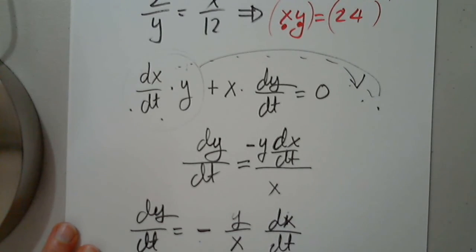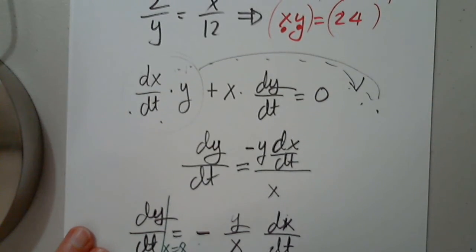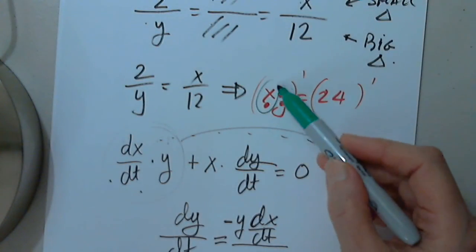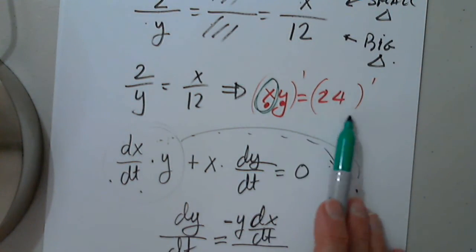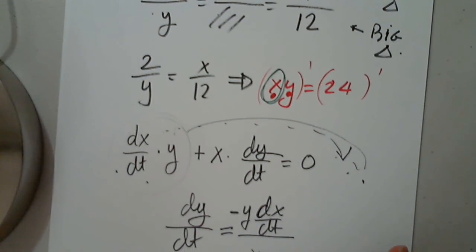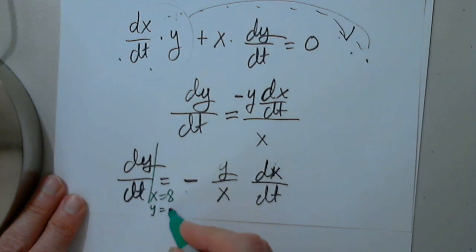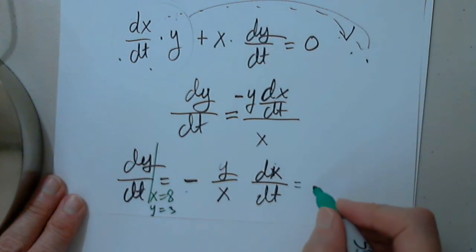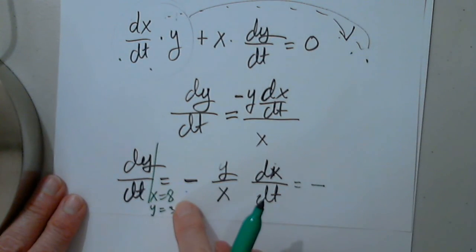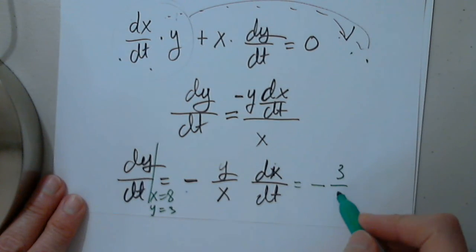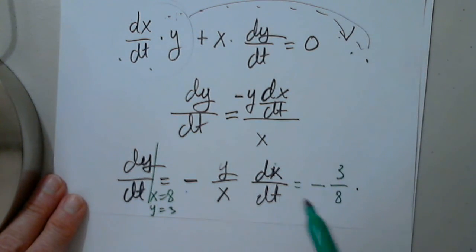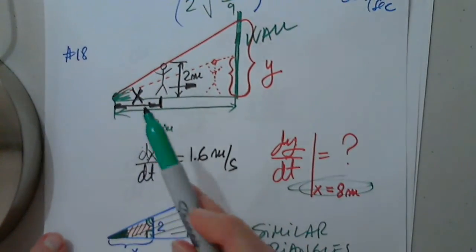But if x is 8 in this equation, how much is y? 3. Yes. So now I can continue as negative y over x, 3 over 8 times dx over dt, which was given to us from the very beginning. That's fixed.